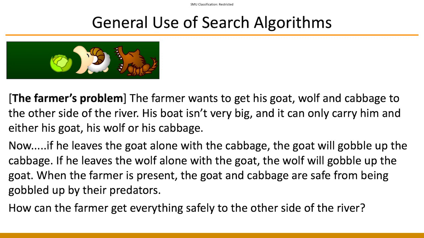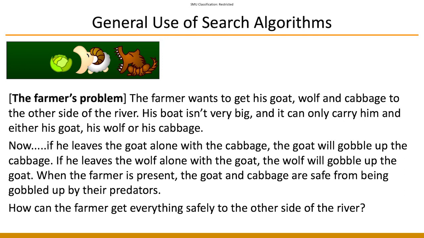So the question over here is, you can see the food chain, right? When the farmer is not around, the wolf will eat the goat, and the goat will eat the cabbage. Of course, one of the important goals of the farmer is to bring the 3 items and animals all the way to the market.